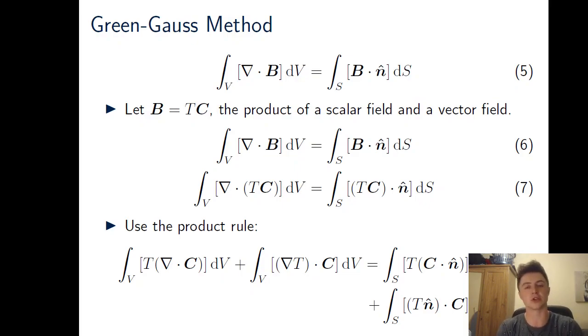And if we substitute B equals TC into the divergence theorem, that gives us equation 7. And now we're going to use the product rule to split out the field T and the field C. And if we carefully use the product rule, we arrive at equation 8 there, which might appear long and a bit more complicated than what we had at the start.